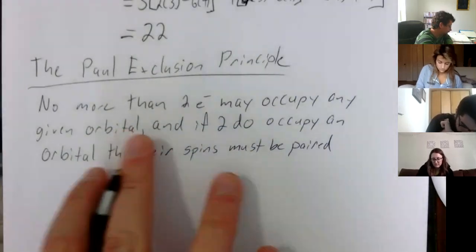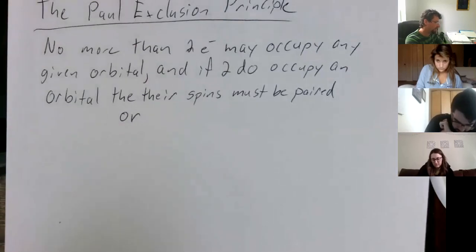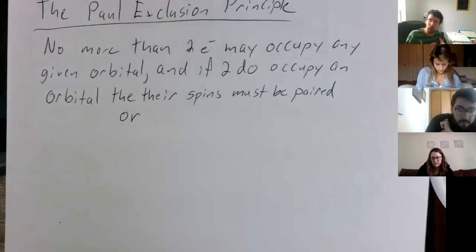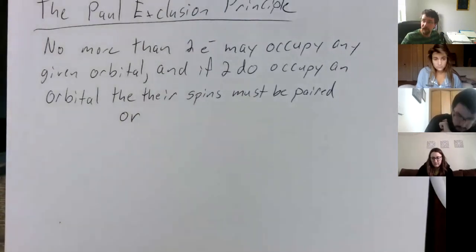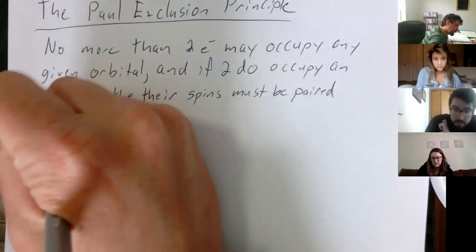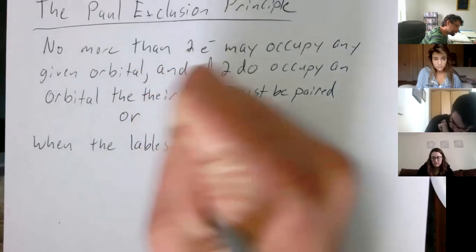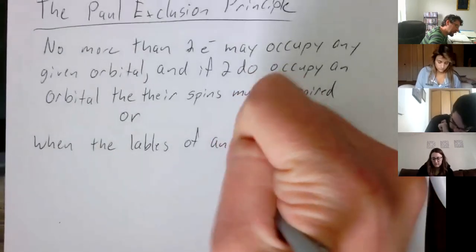Another way this can be formulated is: when the labels of 2 identical electrons are exchanged, the sign of the wave function changes.